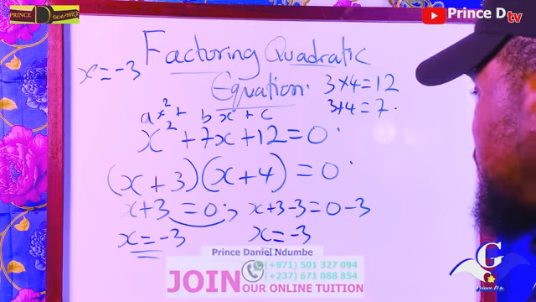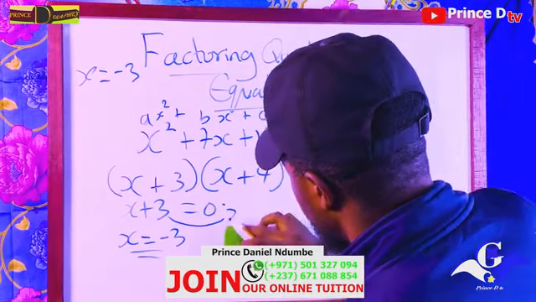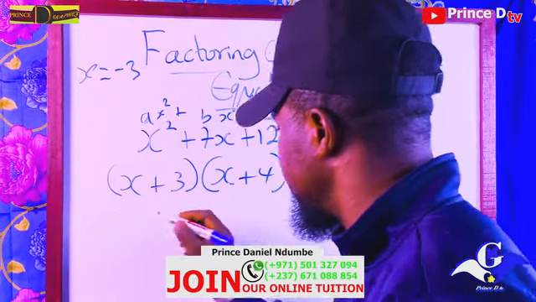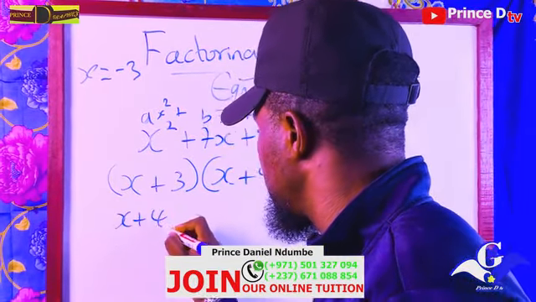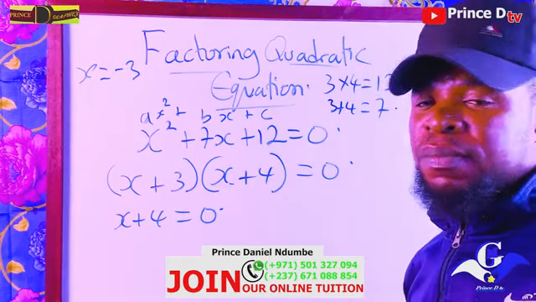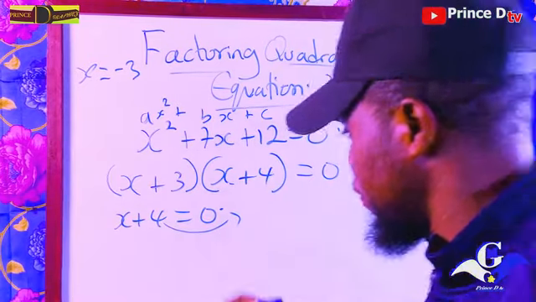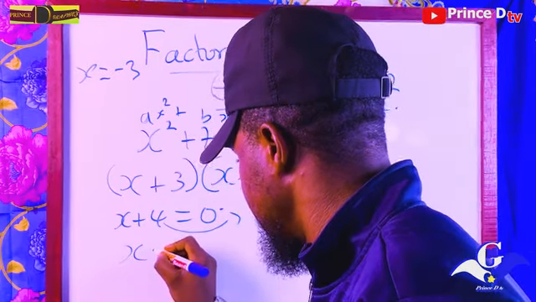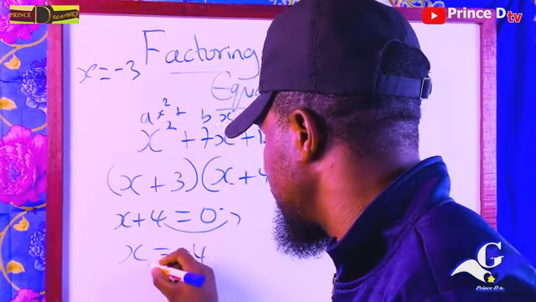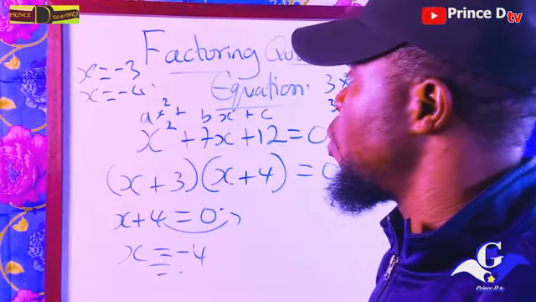We do the same thing. We take x plus 4 is equal to 0. Either we subtract 4 on both sides, or we simply send 4 across the equal sign, and of course, we'll be left with x equals, the 4 crosses the equal sign, it becomes negative, and we have x equals negative 4. So our second solution is x equals negative 4.